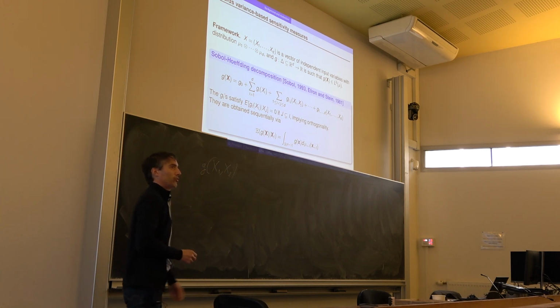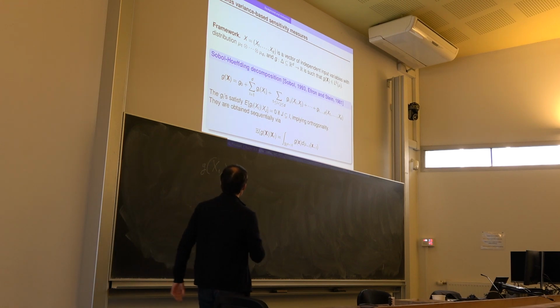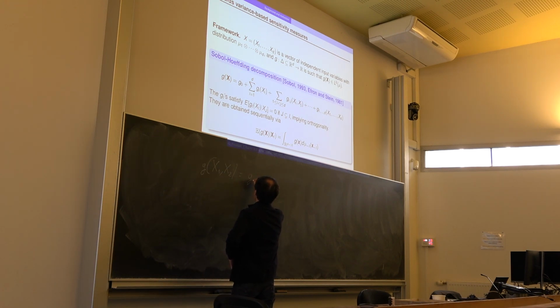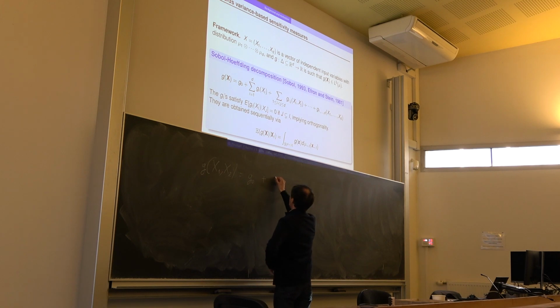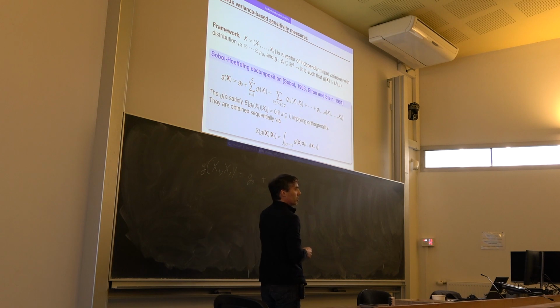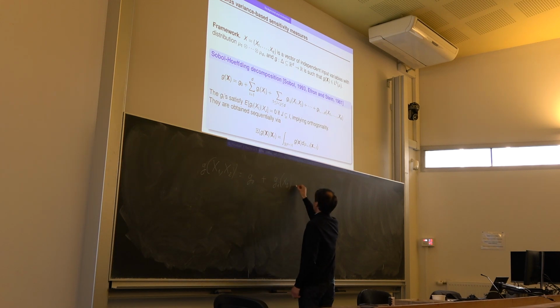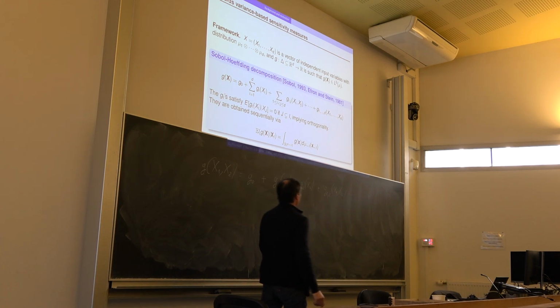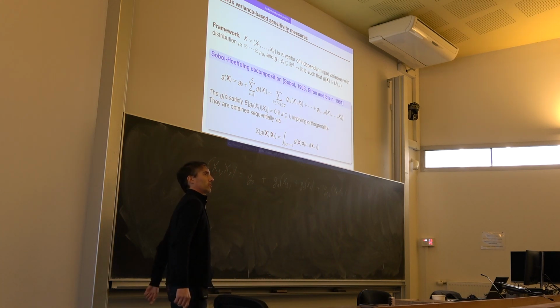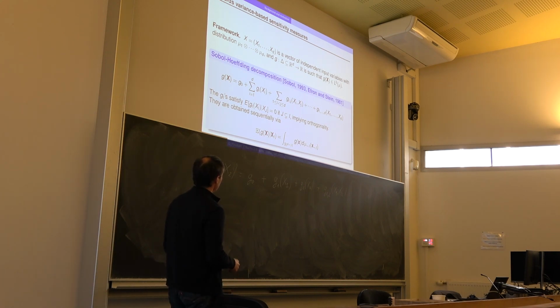So imagine that you have a function depending on x1, x2, and you say that you can decompose it like this. So it is written g0 plus one function depending only on x1, plus one function depending only on x2, plus a function involving the two together, in a strong sense, actually.